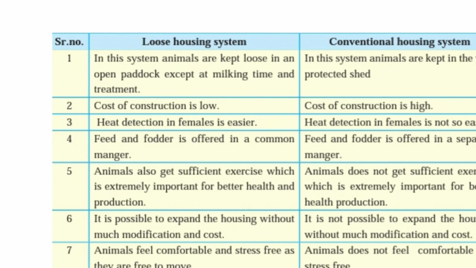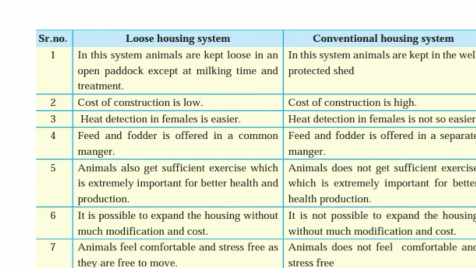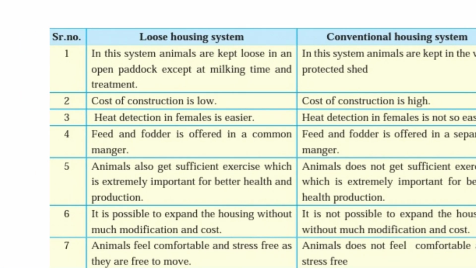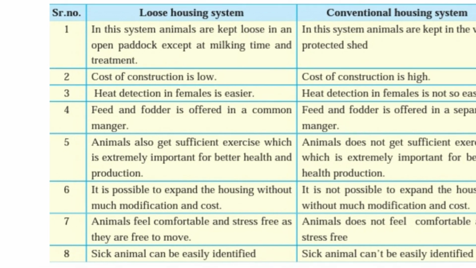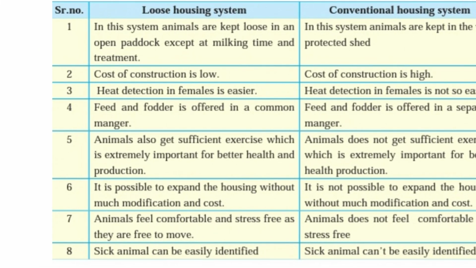Heat detection in females is easier in loose housing system, whereas it is comparatively difficult in conventional housing system. You know all these points we have studied already. The fourth one is feed and fodder is offered in a common manger in loose housing system, whereas in conventional housing system, they are offered separately, one place in the mangers.